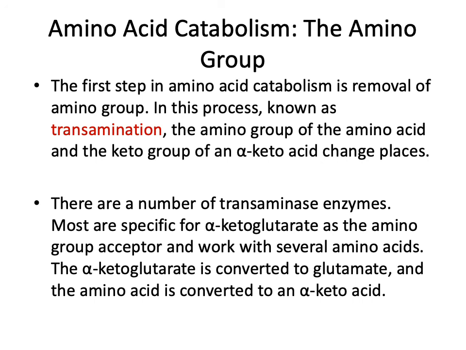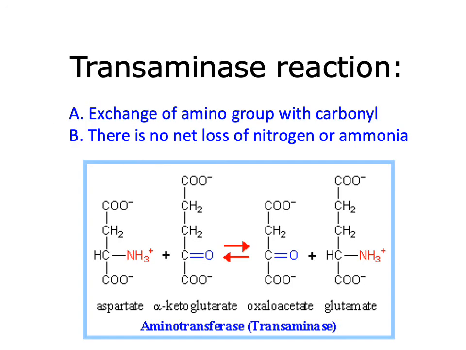Most of them use alpha ketoglutarate as the acceptor of the amino group, and that converts the alpha-ketoglutarate into glutamate, which of course is one of the 20 amino acids. So you might be asking, well, we really didn't get anywhere here. But as you'll see, we can break down glutamate to release ammonia. But let's look at a couple transaminase reactions first, just to make sure we understand what's going on here.